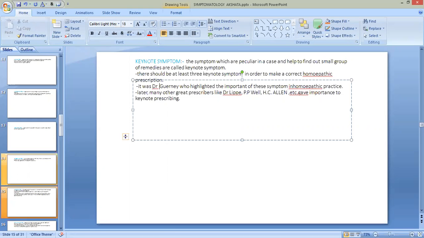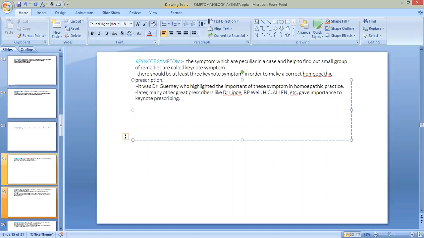Means these are the symptoms which are peculiar to the case, uncommon in the case, and they help to find out a small group of remedies out of our huge materia medica.